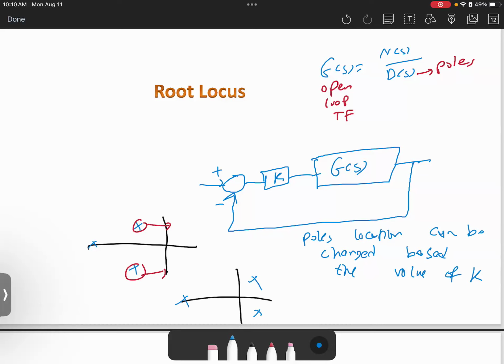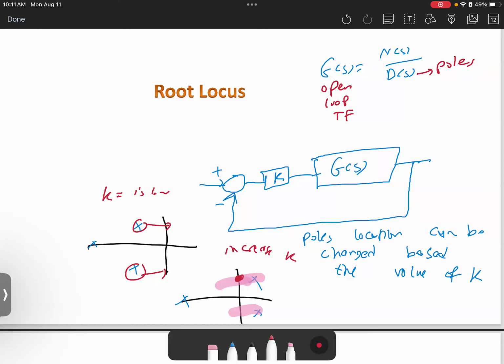So in this kind of system, when we change the value of K, the poles are shifted from one point to another. Then we reached a point where, for example, K is low, then we increase K and we end up at a point that makes the system unstable.